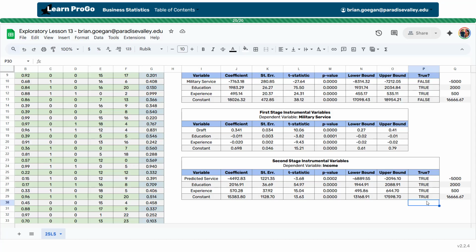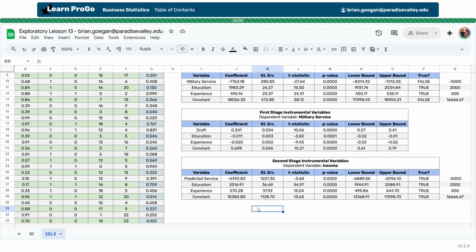And if we take that and we use it to predict income, now we get the effect of military service on income independent of everything that isn't the draft, education and experience, which tells us now the effect of military service on income, that we can now properly estimate it and see what the true result is, because predicted service is definitely uncorrelated with everything else.